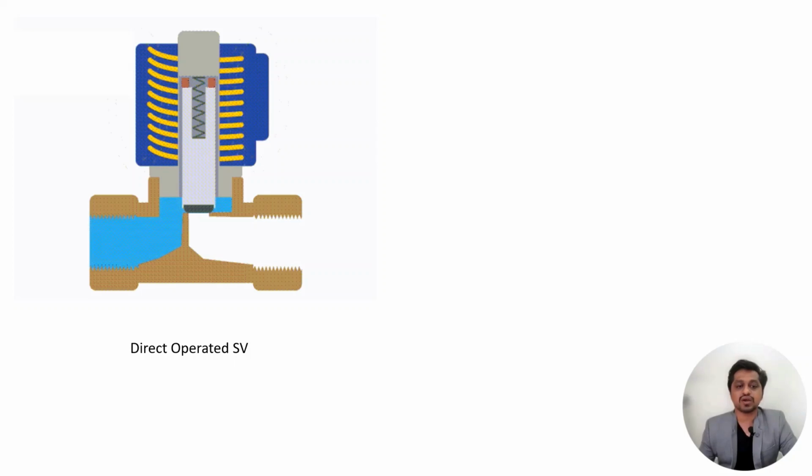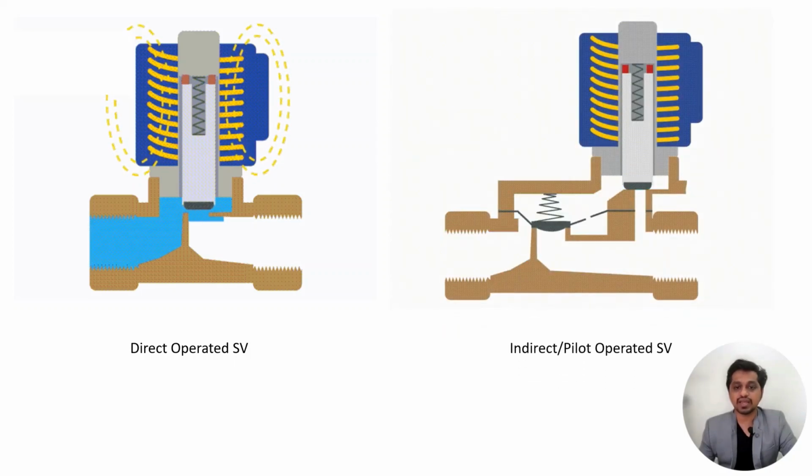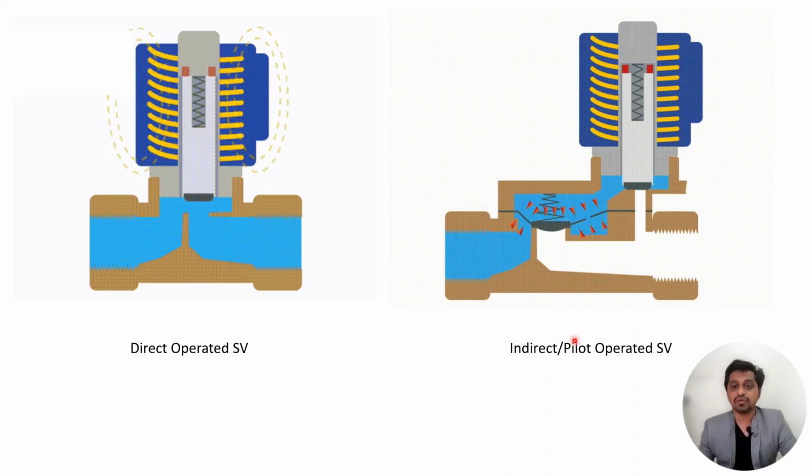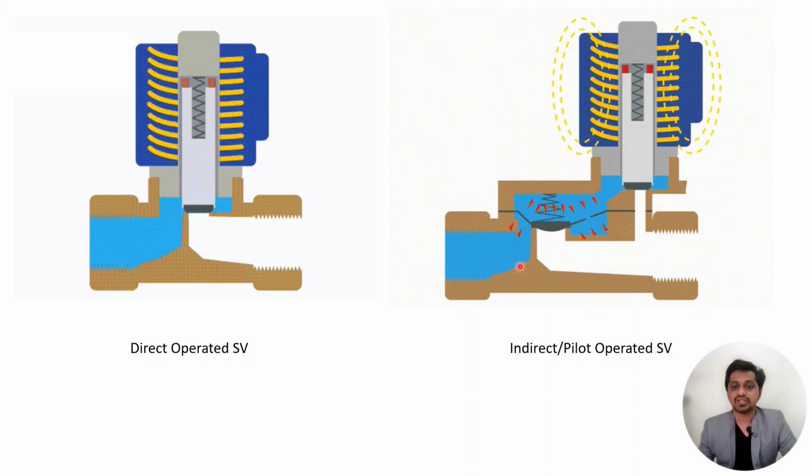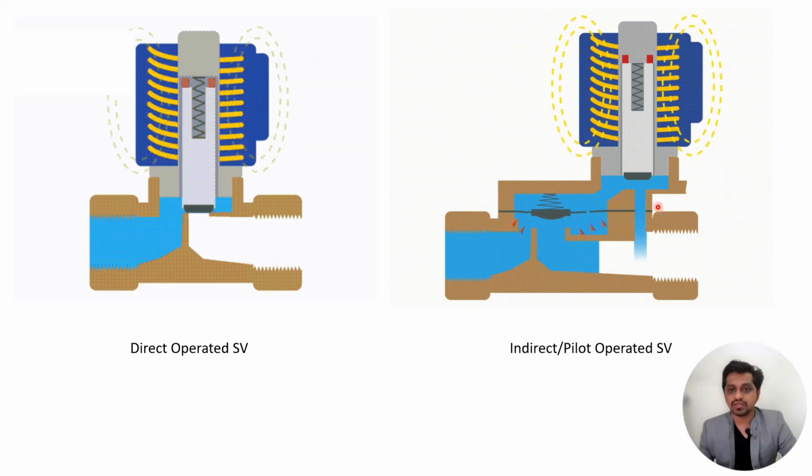Now let's check out the indirect, or also called pilot operated solenoid valve. Now we can see over here the pilot chamber. Now let's see how it works. This is the pilot port.